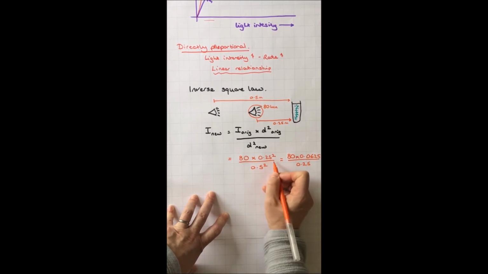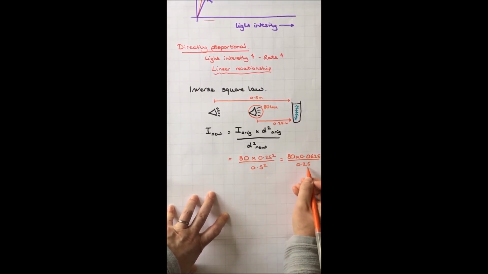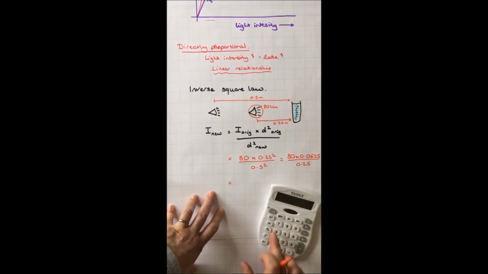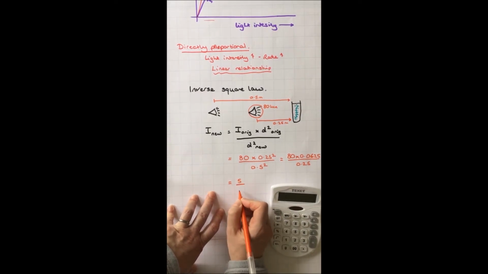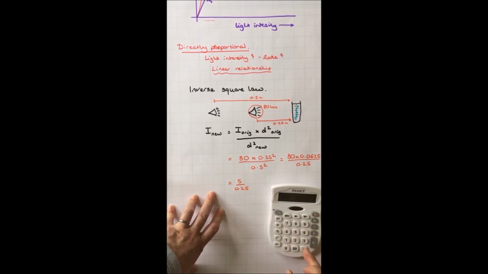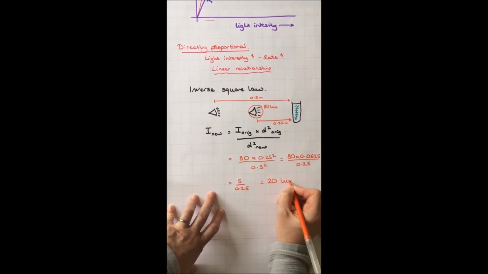So 0.25 squared is 0.0625 and 0.5 squared is 0.25. If I pop that into my calculator, 80 times 0.0625 equals 5, divided by 0.25, and that gives me an answer of 20, and don't forget the units, lux.